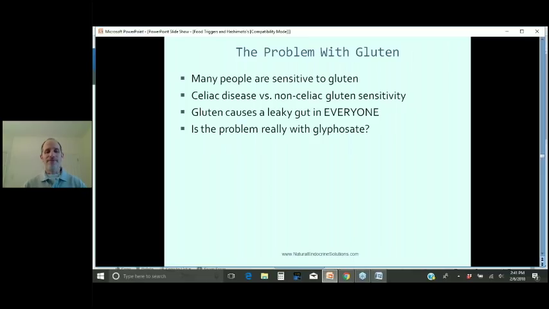But it's probably a combination. In some people, maybe it is more glyphosate than gluten, and vice versa in others. Obviously, it's difficult to tell if the problem is gluten or glyphosate in some people, but it's yet another reason to try to avoid especially wheat, but really all gluten.